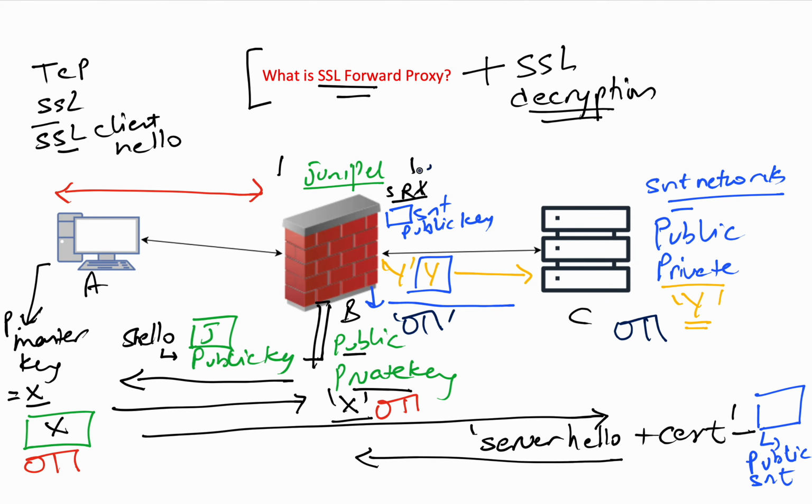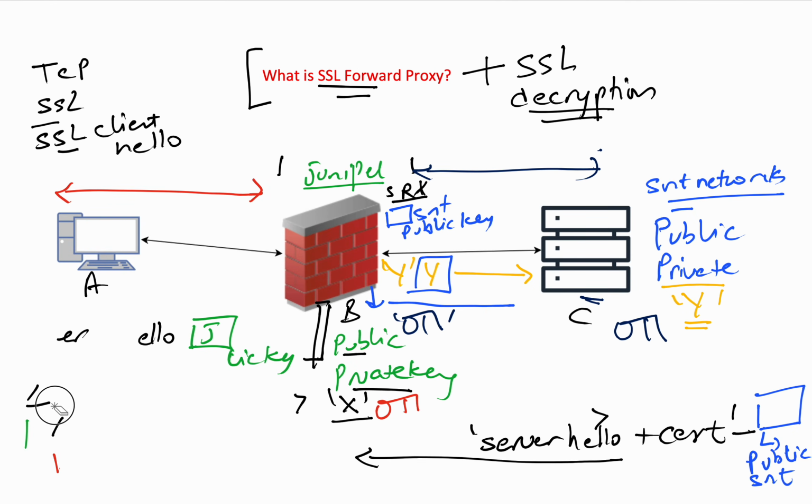So now we see that there is one connection between the client and the SRX firewall, and another connection between the SRX firewall and the server in the backend. So I think we are clear with this.